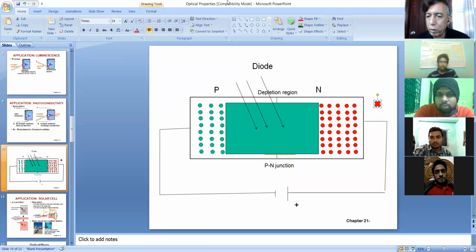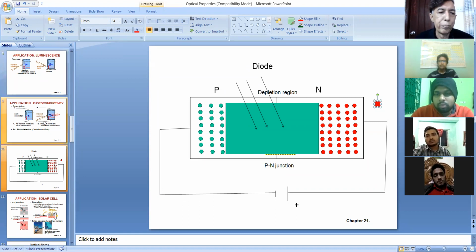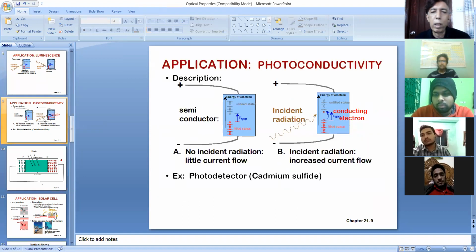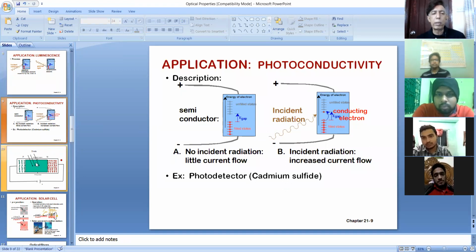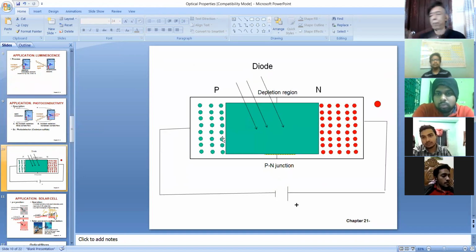Okay, did everyone understand? What is the principle of photodetector? Everyone understood? Yes, sir. Very good. This is called photoconductivity, and this is photodetection. Okay.